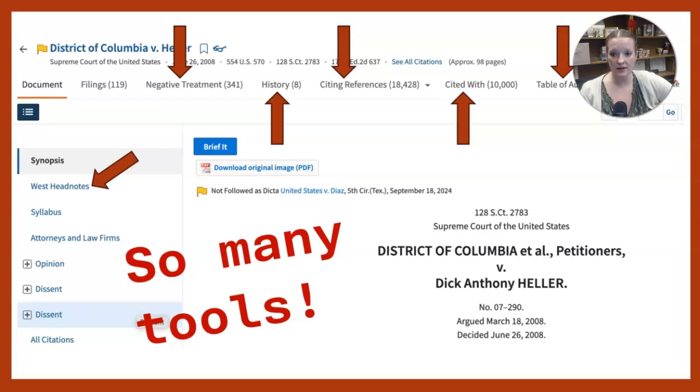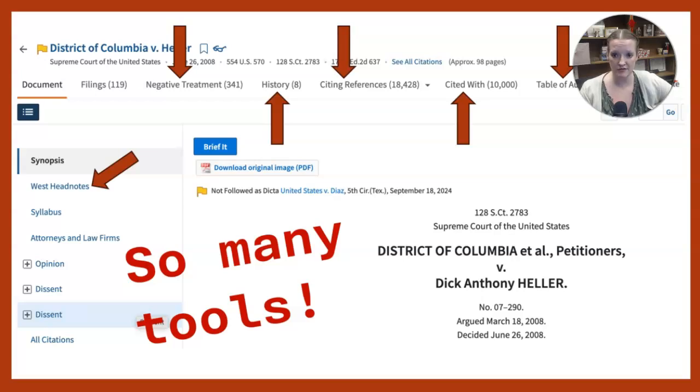So we're looking at the DC versus Heller case here, and we can see that top line. We have a number of different tabs. We've got our negative treatment tab, so we can see the cases that have negatively referenced the case we're looking at, DC versus Heller. History is going to look at all of the subsequent history, so we know what's going on prior to looking at this case.